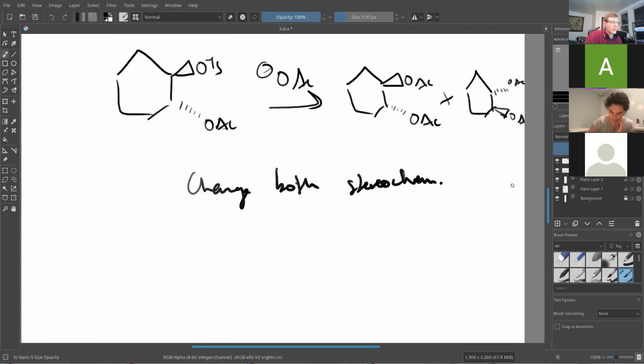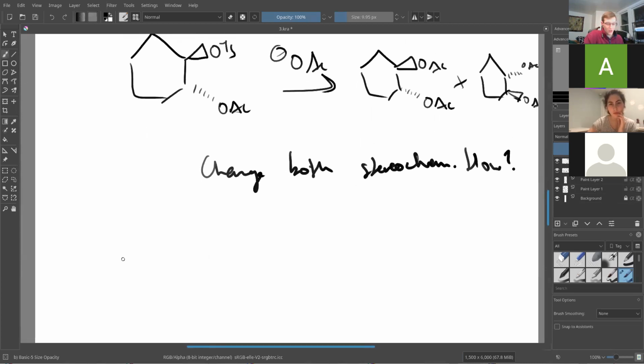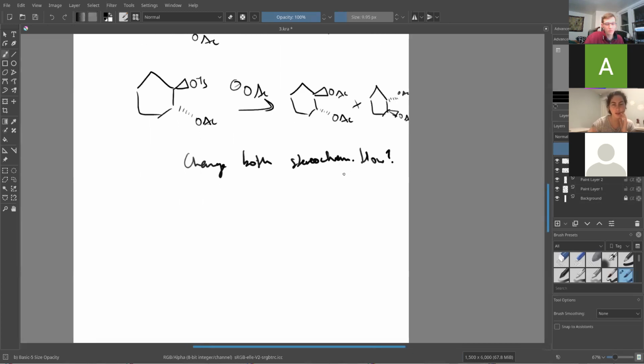Okay. And the question is how? There's no way to do this without giving the mechanism. So is it somehow both SN1 and SN2 or something? I feel like that doesn't sound very likely. Yeah, but how would that work?